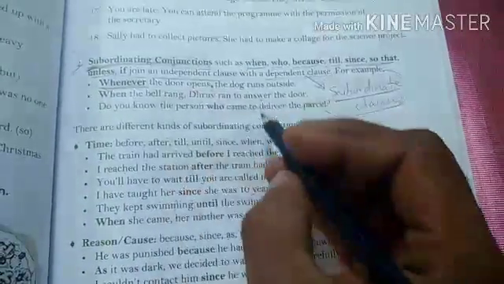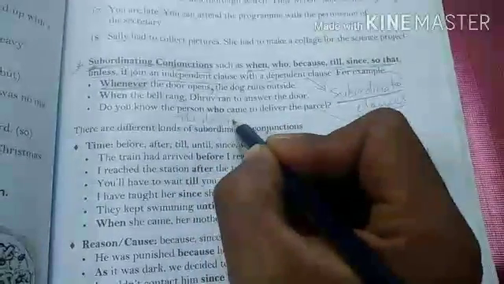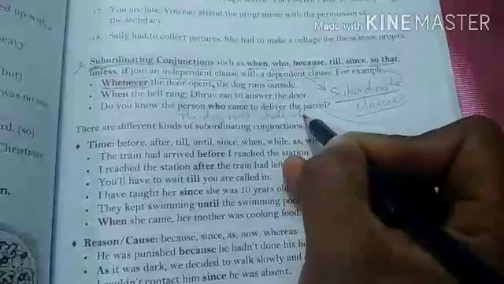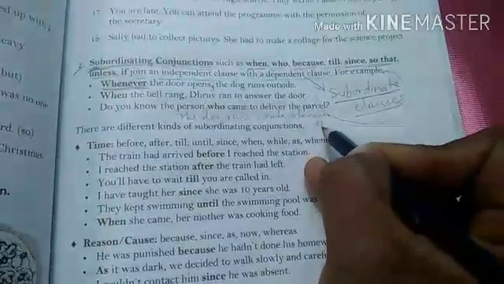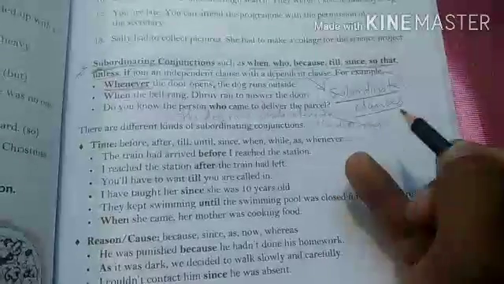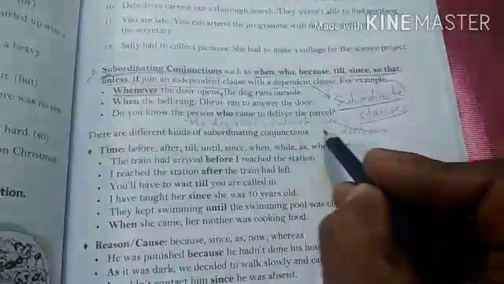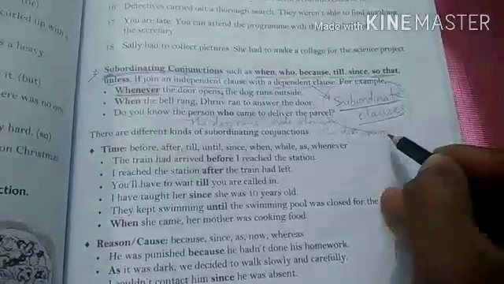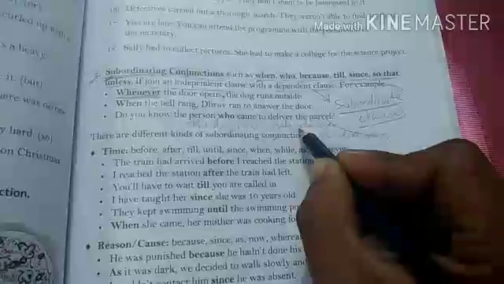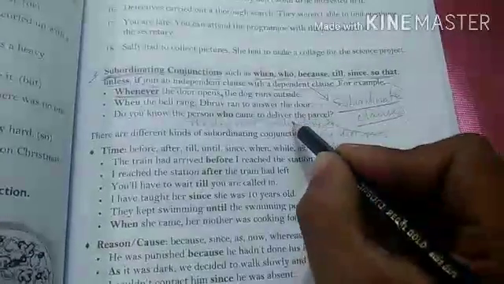So here we have written the same sentence, and we have used the conjunction in the middle of the sentence, where we have joined two clauses.